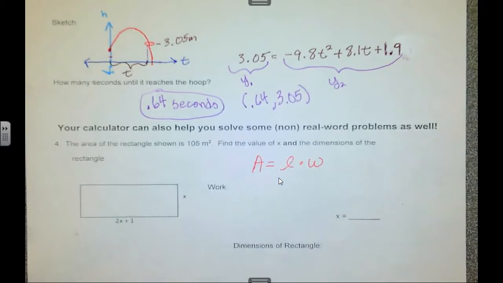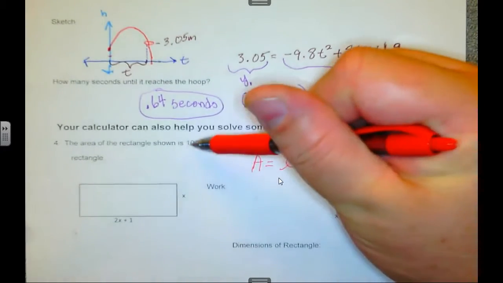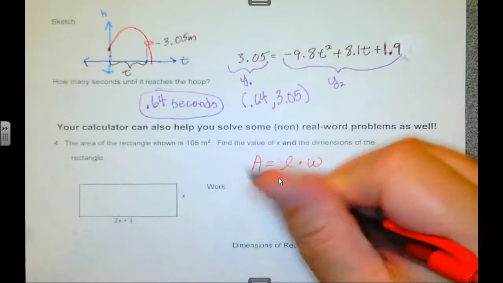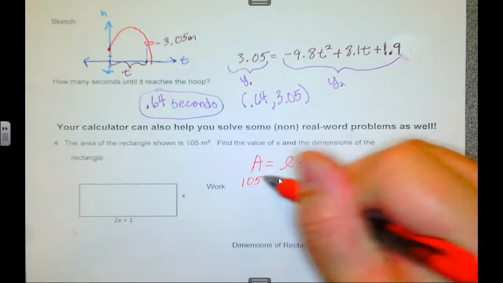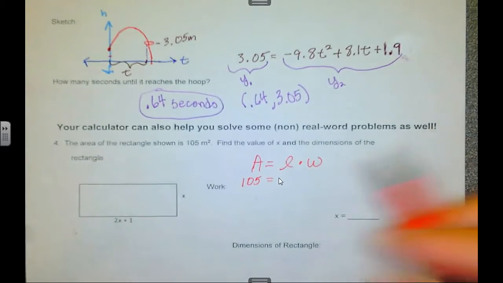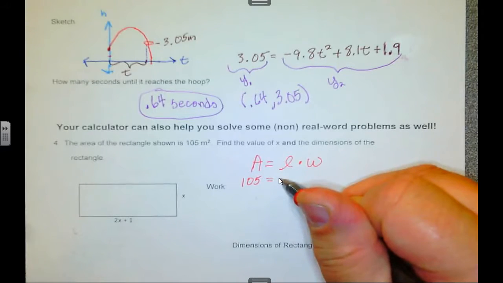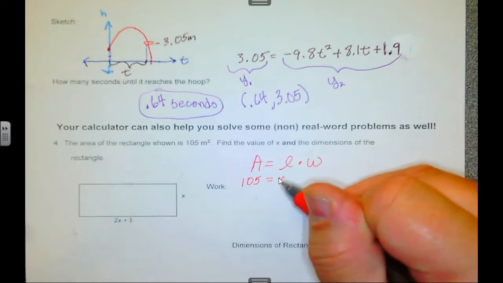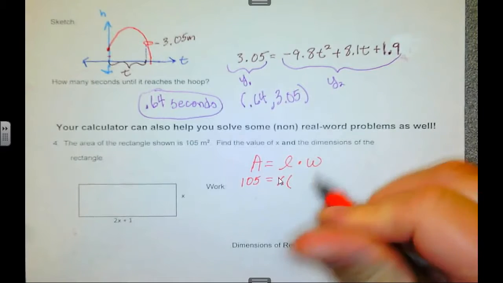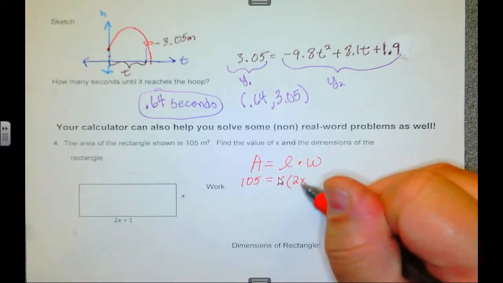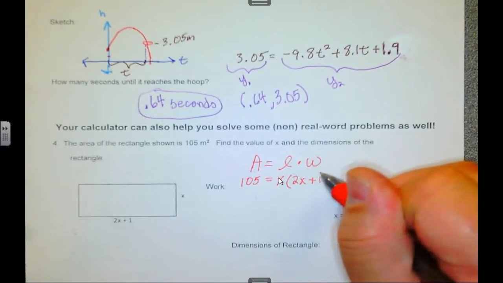They give us some information. They said the area is 105. The length is x, and the width is 2x plus 1.